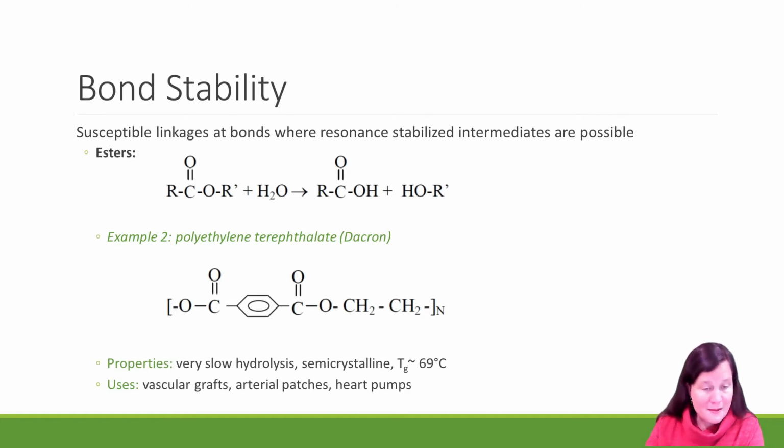It's very stable, and that's because we've changed the hydrophobicity near the bond that we're talking about. So this is more stable, very slow to minimal hydrolysis. So this is used in vascular grafts, patches, and heart pumps, things that need long-term stability.